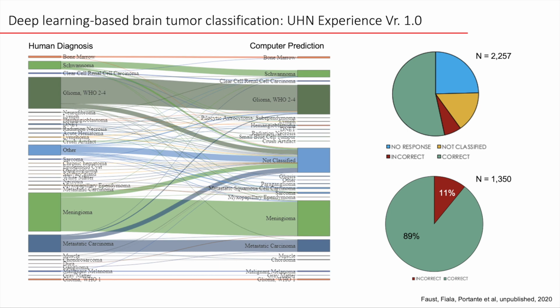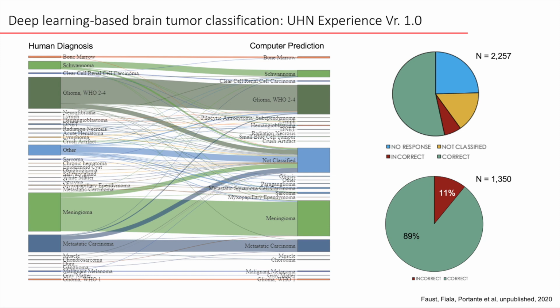It suffices to say that this version 1.0 of this exercise, we consider quite successful. We get about 90% of cases correct based on comparison of the computer and the human diagnoses. And we're still trying to work through those discrepancies to further improve this in new versions. Reasons for errors include diagnostic mimics that are very difficult to resolve just on H&E stains.